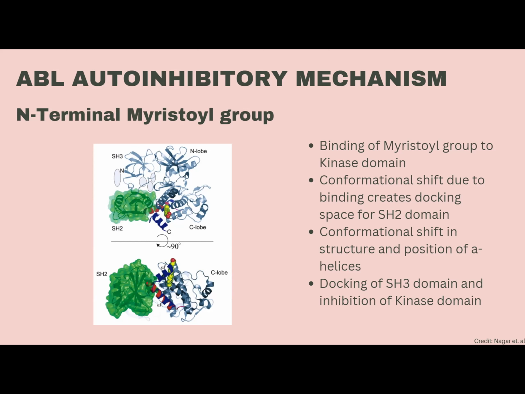Once the SH2 domain is bound, there's a 90-degree shift on alpha helices, which then allows for the SH3 domain to bind because the helical breaks are prolines, and that becomes a proline-rich region. Why is proline a helix breaker? Anybody know? It's very rigid, and so it's not flexible. But why? Its side group connects back to the backbone. Exactly. So it doesn't have electrons that are available for non-covalent bonding. And so once the docking of the SH3 domain happens, the kinase domain cannot be active.